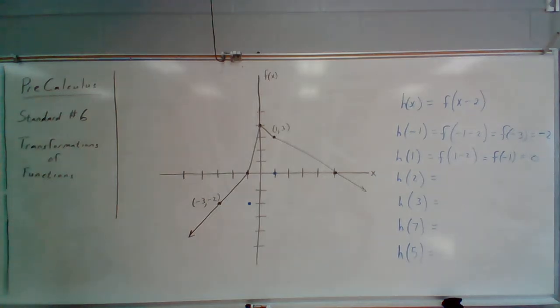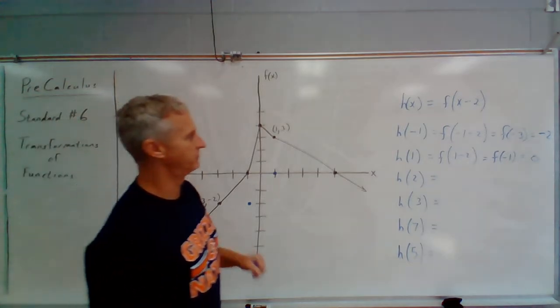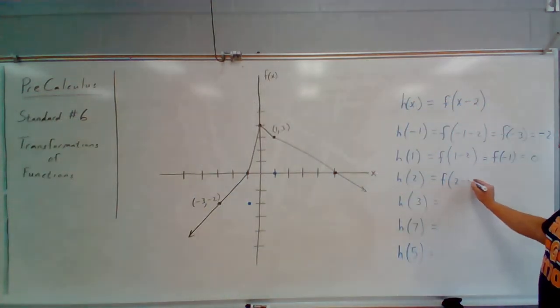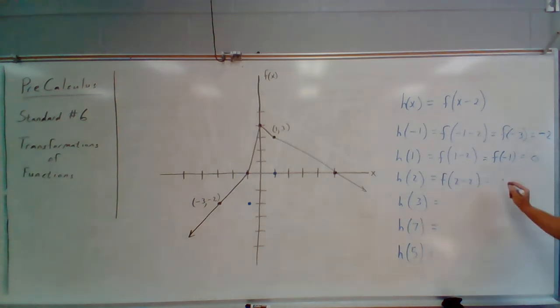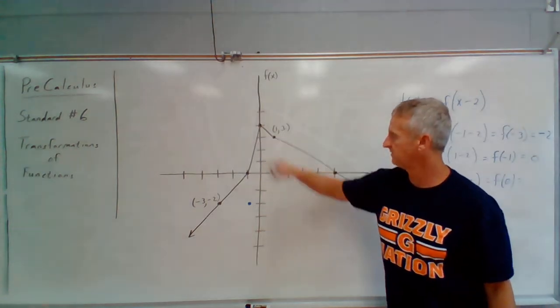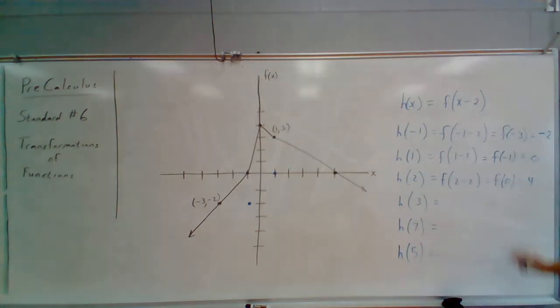All right, let's do h of 2. So that will be f of 2 minus 2. That will be f of 0. F of 0 was 1, 2, 3, 4. So my answer is 4.